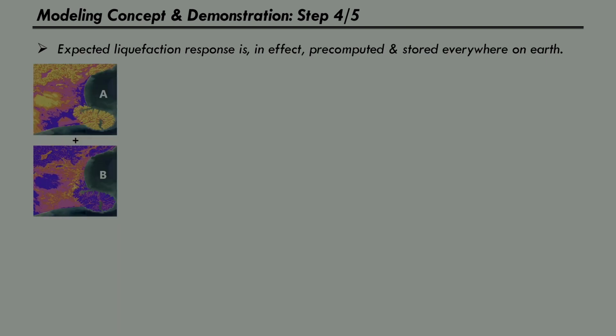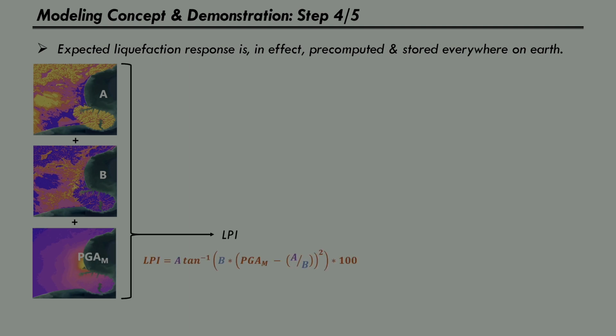Once we have these maps of A and B, as we do for the whole world, this information awaits ground motions from a specific earthquake of interest. And when convolved, we can predict the LPI or another manifestation index with very simple arithmetic. And so computationally, it's very easy at the end to run the model for a given earthquake.